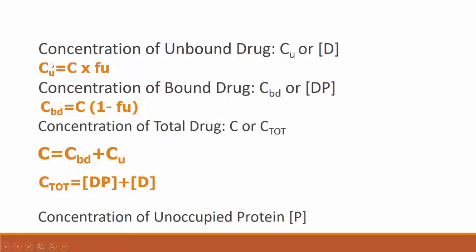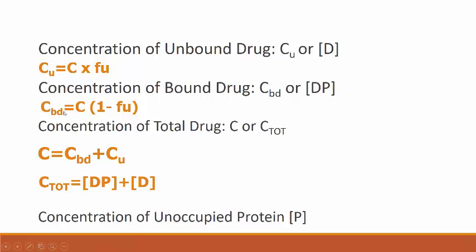So the concentration of unbound drug, which would be the active concentration of drug, would be this C with the U, unbound drug. C with no label is going to be considered total. So concentration total times the fraction unbound will give you the unbound concentration. Does everybody buy that? I hope so.